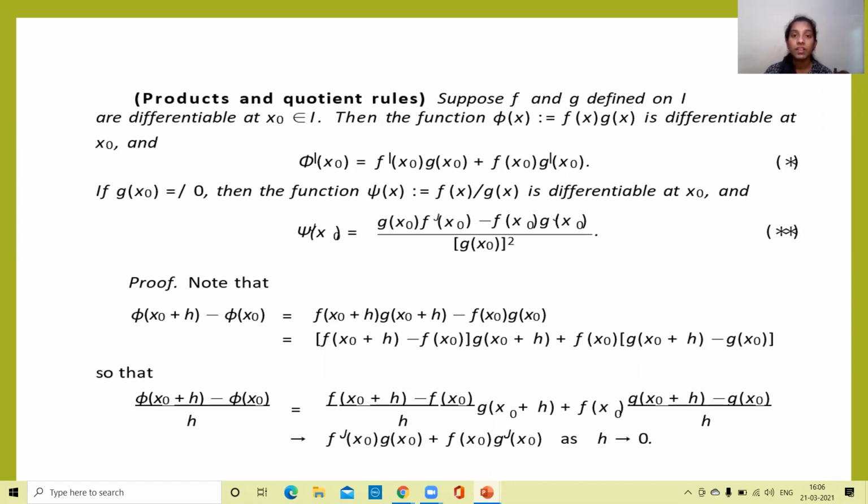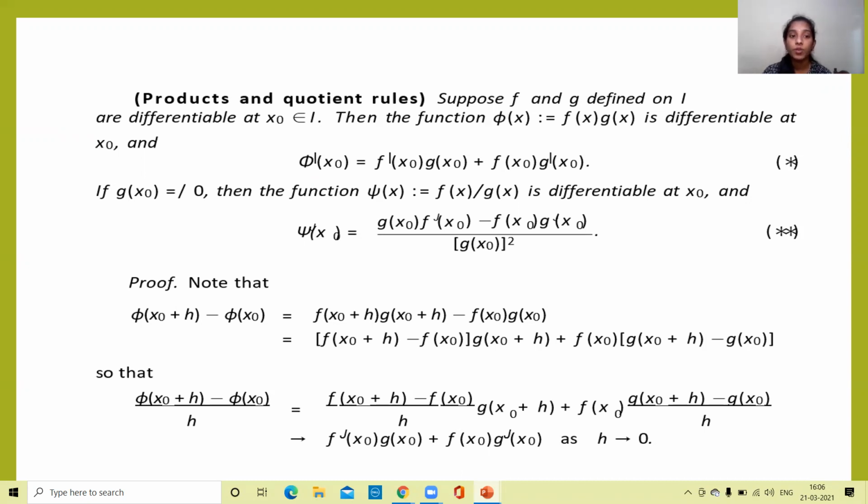Same like that, when g of x is not equal to 0, then the function mu of x equal to f of x by g of x is differentiable at x naught, and mu dash of x will be g of x into the derivative of f of x minus f of x into the derivative of g of x, by square of g of x.